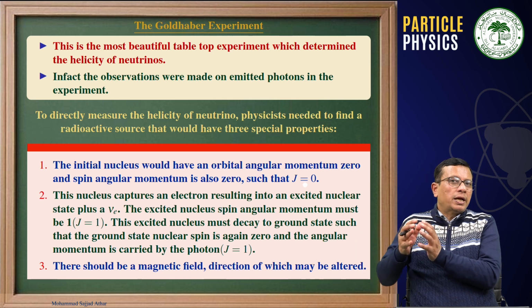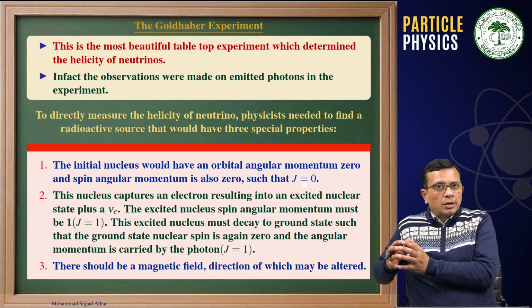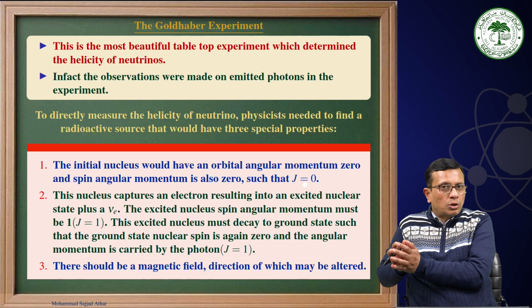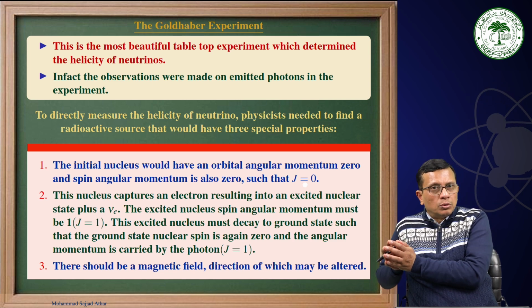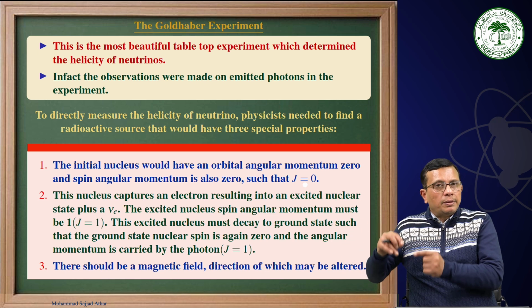Now, this excited nucleus, by emitting a photon, goes down to the ground state with angular momentum j equal to 0.